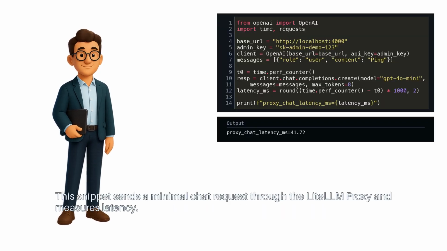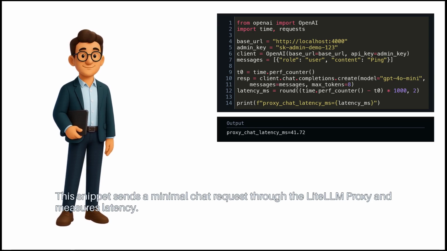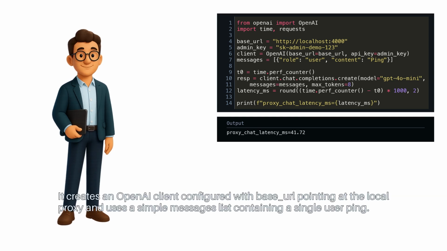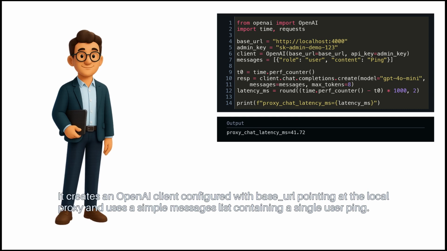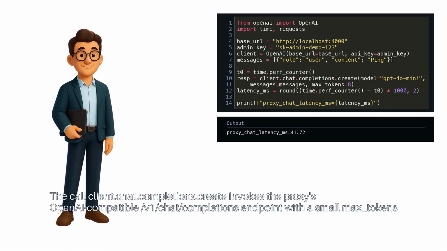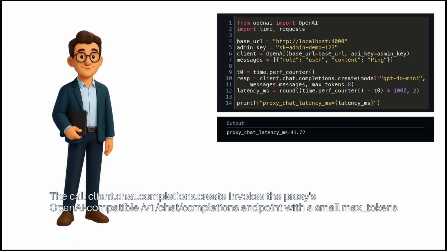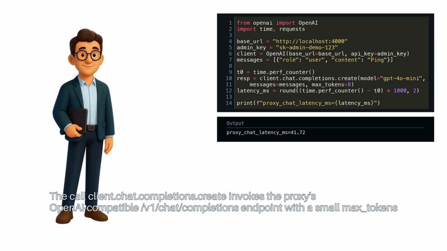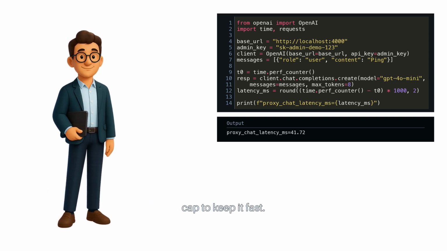This snippet sends a minimal chat request through the LiteLLM Proxy and measures latency. It creates an OpenAI client configured with base URL pointing at the local proxy and uses a simple messages list containing a single user ping. The call client.chat.completions.create invokes the proxy's OpenAI-compatible /v1 chat completions endpoint with a small max tokens cap to keep it fast.